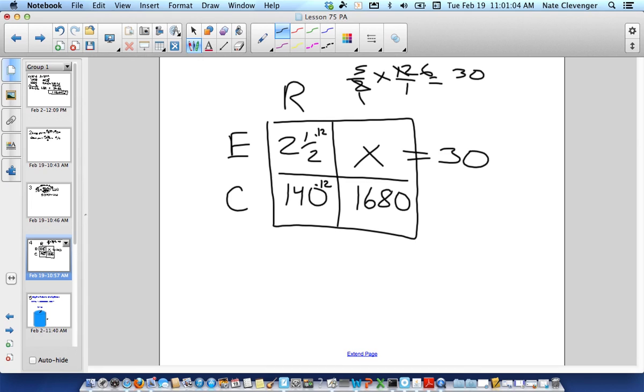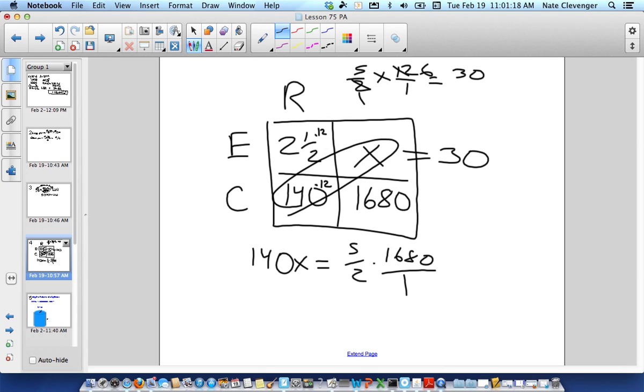Now, if you didn't recognize that, then you just do your butterfly. 140x would be equal to 5/2 times 1,680 over 1. Do your simplification, and then multiply by the reciprocal of 140 over 1, which is 1 over 140. And do your simplifying down, and you'd get 30 as an answer.